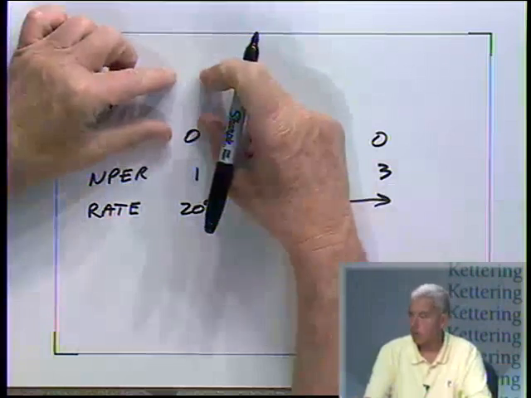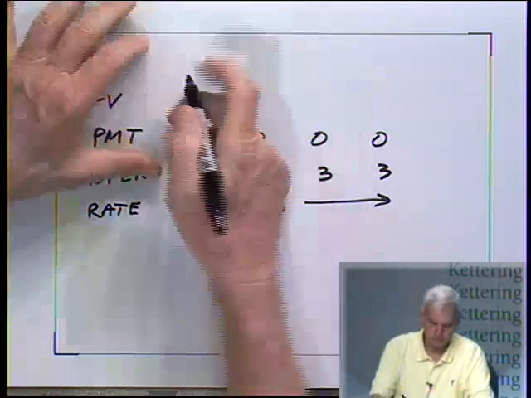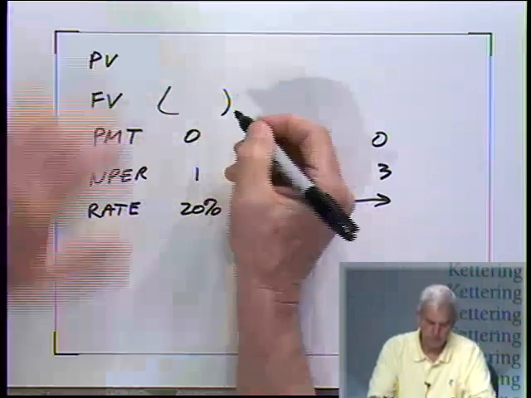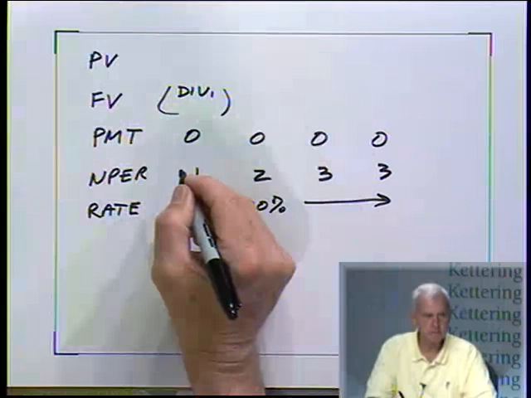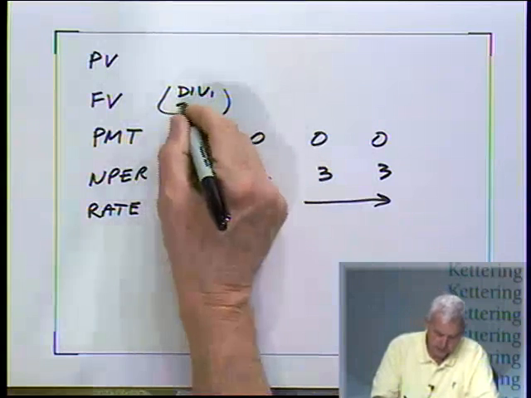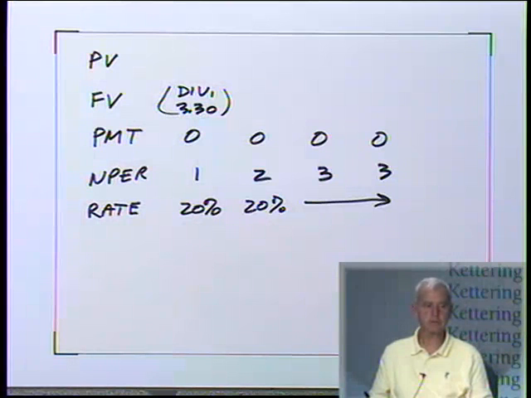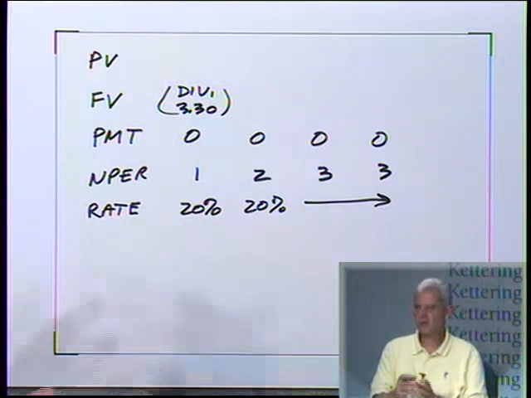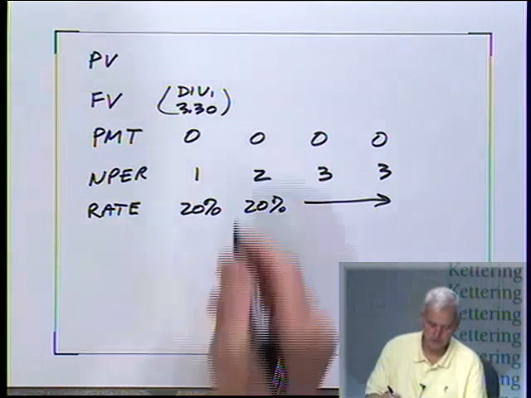Now, here I'm going to write in symbolically and numerically. So I'll put two things in here. This will be Div 1, which was $3.30. Just kind of crunches together a little bit, but I think if I do it this way, you'll be able, when you try and reconstruct it, it'll make more sense.